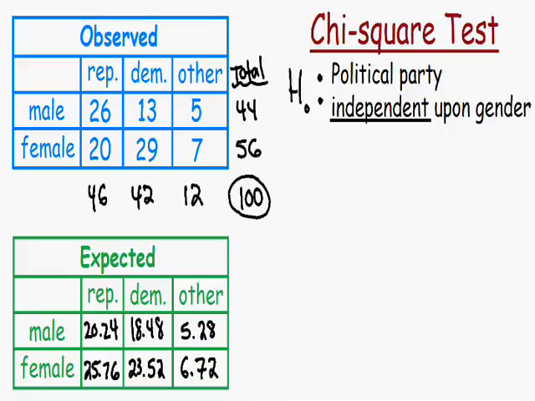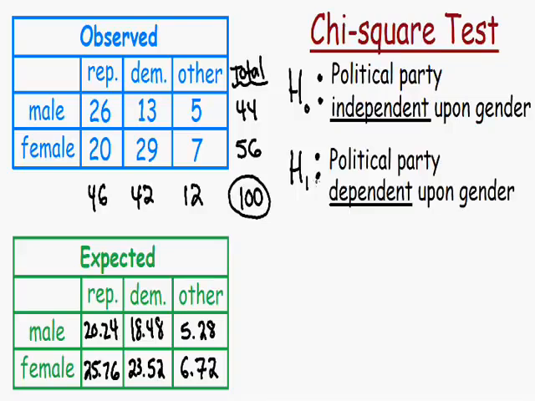So now let's state our alternative hypothesis. The alternative hypothesis is always written with H sub 1 or H sub A. It doesn't matter which one you use. And the alternative hypothesis is always the opposite of the null hypothesis. So since the null hypothesis states the political party is independent upon gender, the alternative hypothesis must be the political party is dependent upon gender.